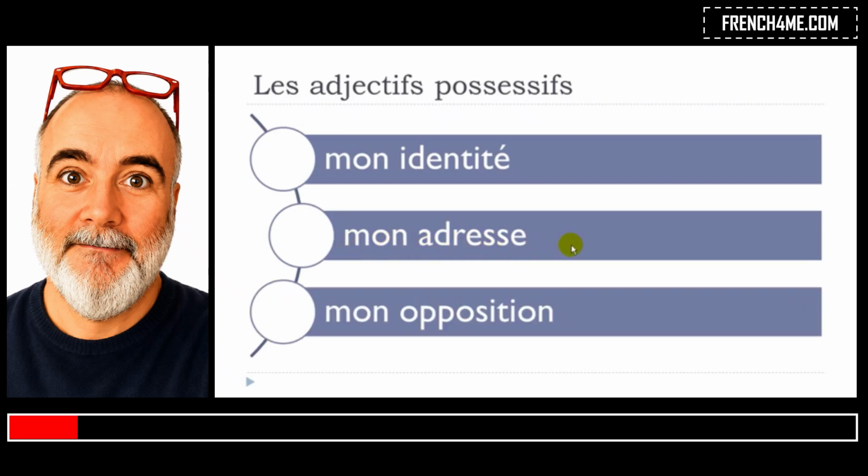And the last one I took, same thing, opposition, basically feminine, but it starts with the O, mon opposition, you make this link. So let's repeat it one more time: mon identité, mon adresse, mon opposition.